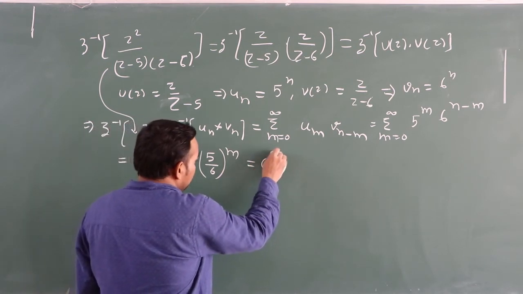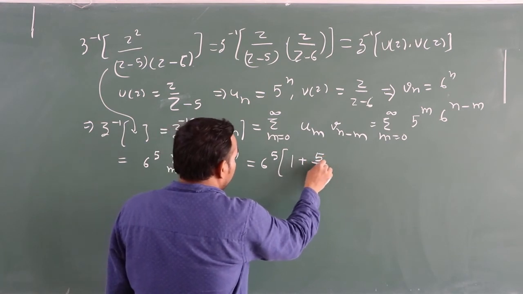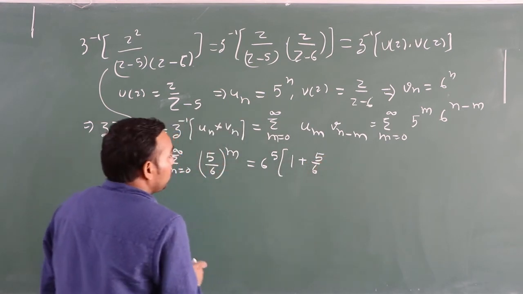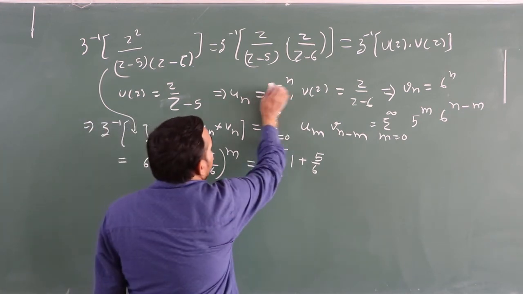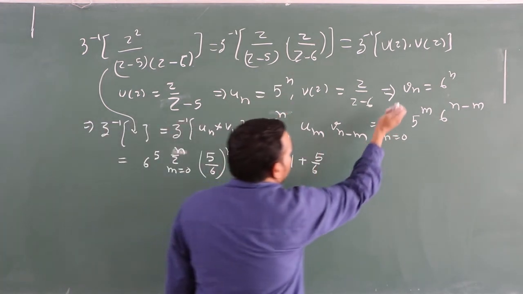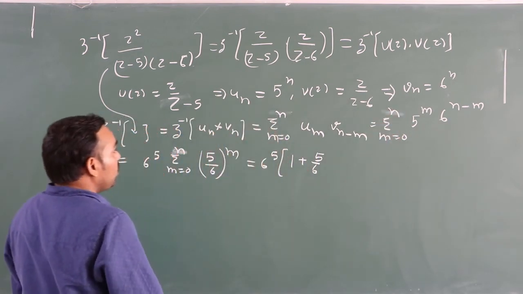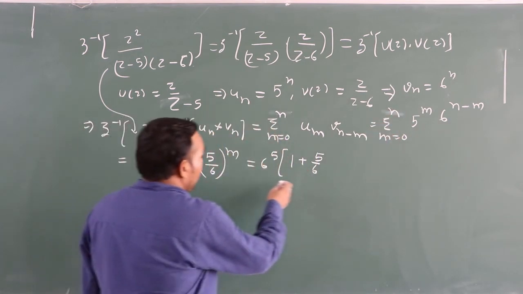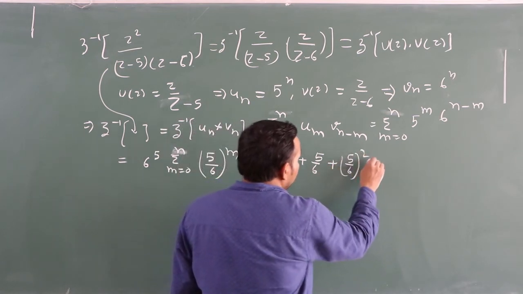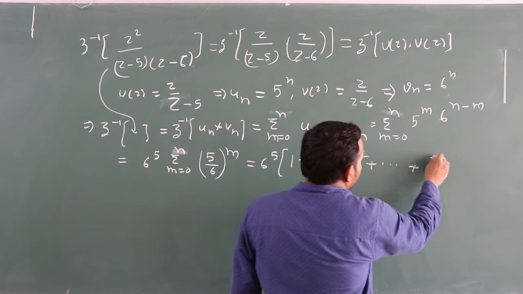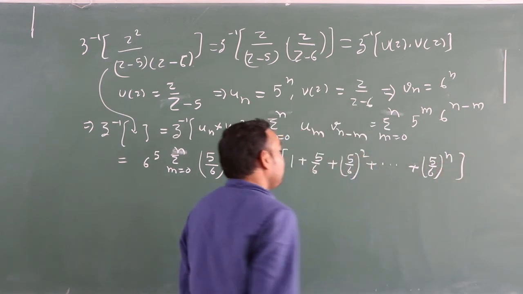This can be written as 1 plus 5 upon 6, plus (5 upon 6) whole squared, up to (5 upon 6) to the power n.